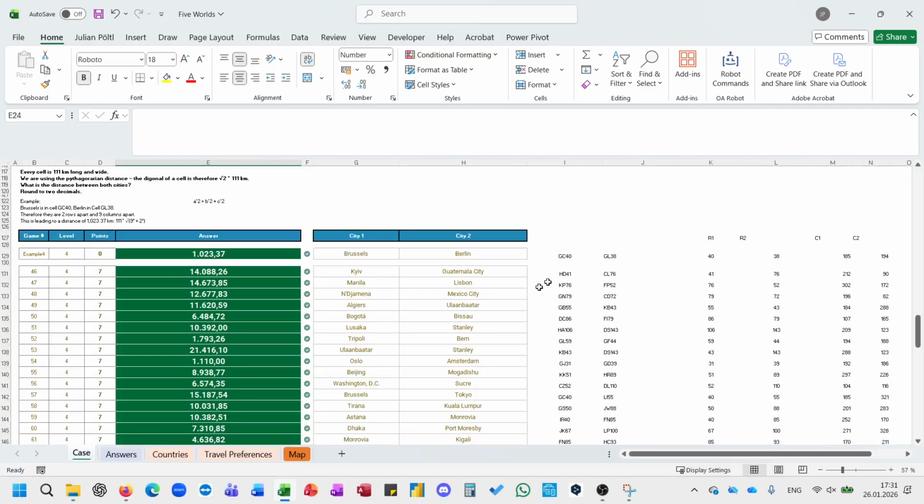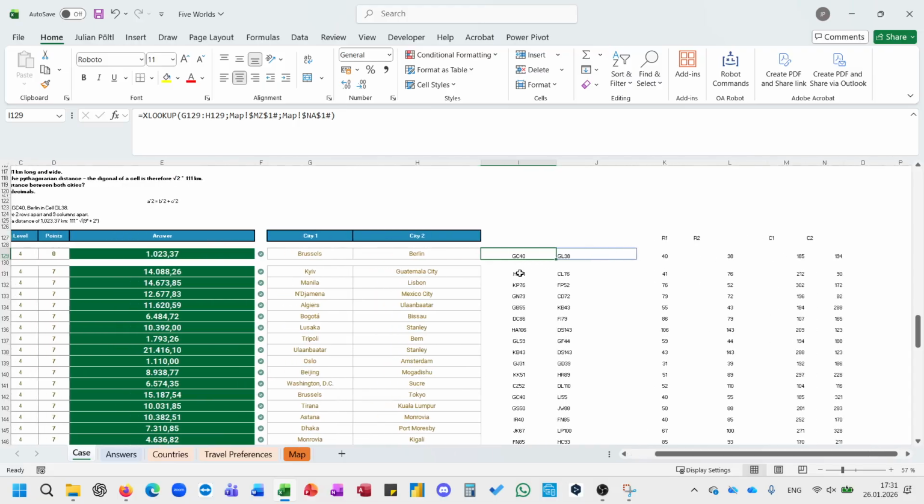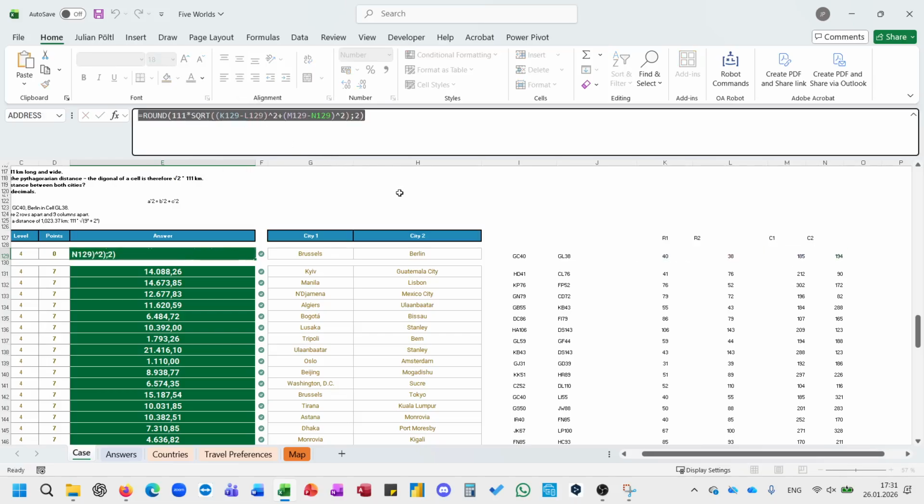And now it's getting tricky because I need to bring this all into a single column, but we can do this.